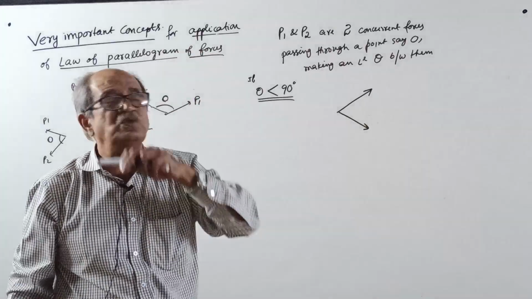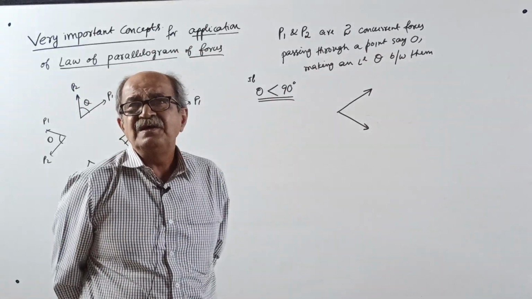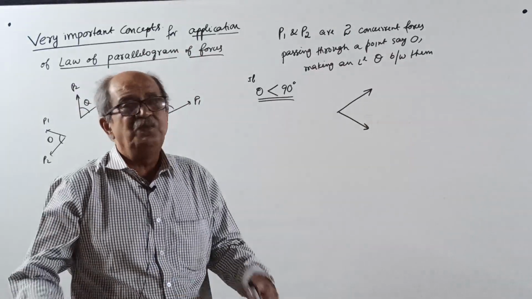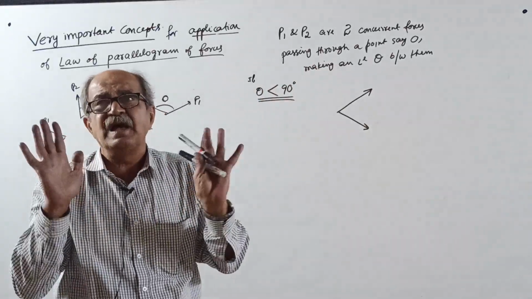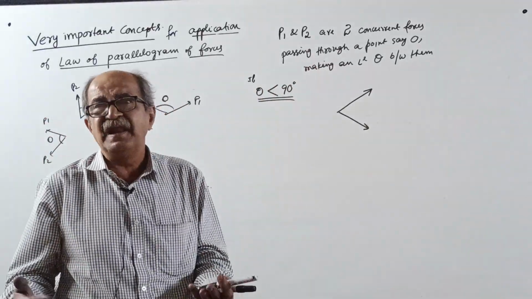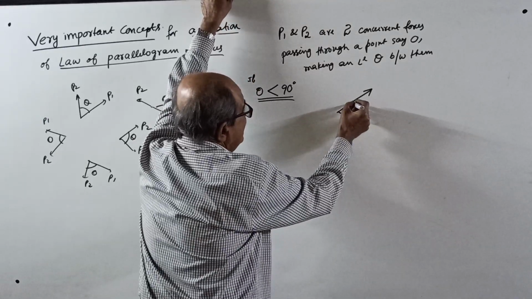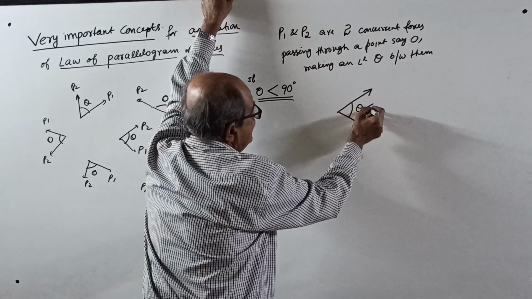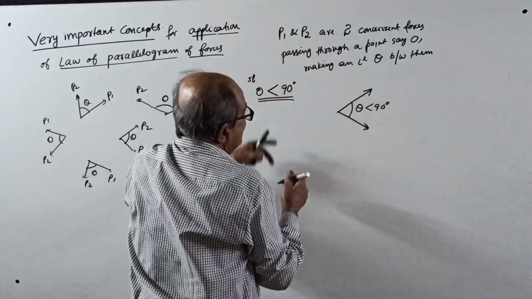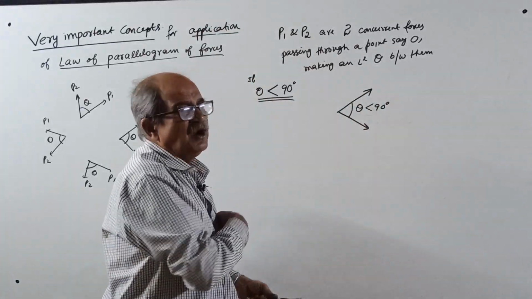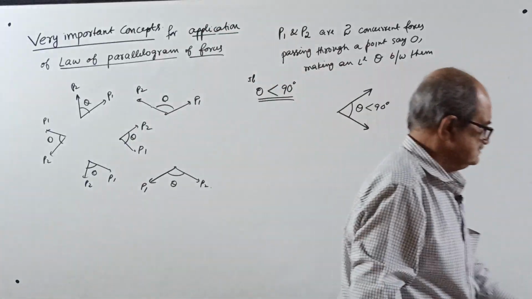Yesterday I told what to do. In simple language, both should be either outgoing or incoming. I am telling this 100 times, I think. Now this angle theta is less than 90 degrees. Then which is P1 and which is P2 is not required. That is not important for us.